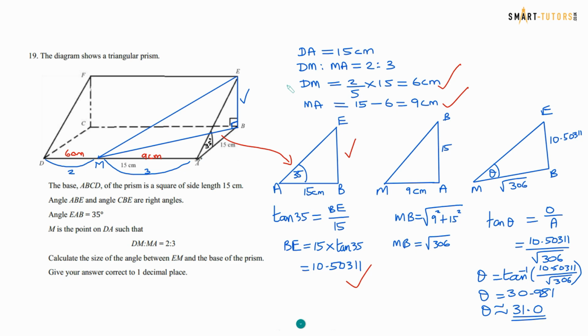Use the Pythagoras theorem and you can find MB. So MB and BE are both found. This is the angle they are asking, theta, the angle between EM and the base. The base is the bottom one, EM is the line. Using tan theta equals opposite over adjacent, you get the angle as 31 degrees.